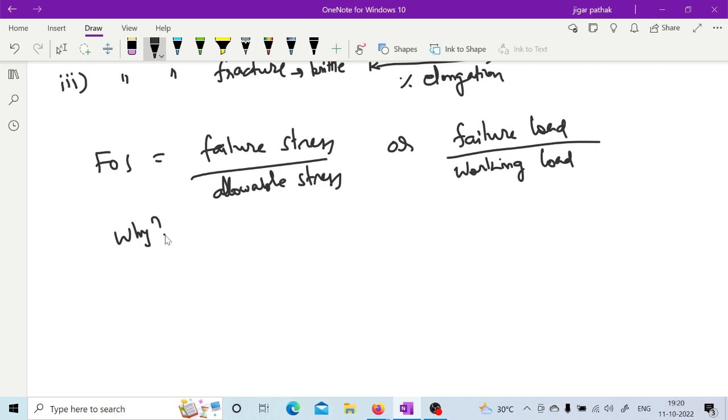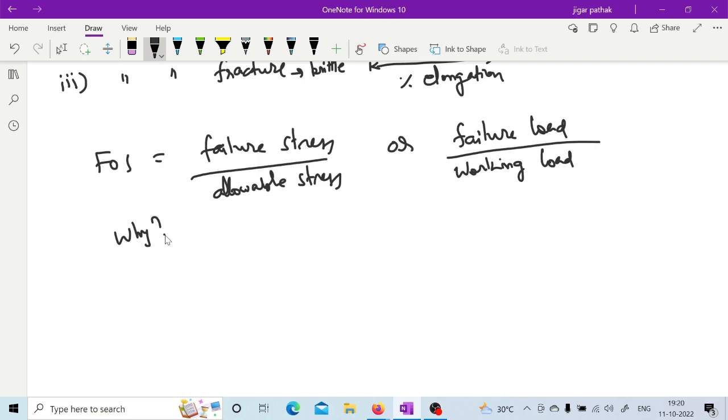And the magnitude of this factor of safety depends on some factors, like the effect of failure. If the effect of failure is going to result in major accidents, in applications like pressure vessels, in those cases the factor of safety must be high, right? Then it also depends on the type of load, whether it is a gradually applied load or impact load.